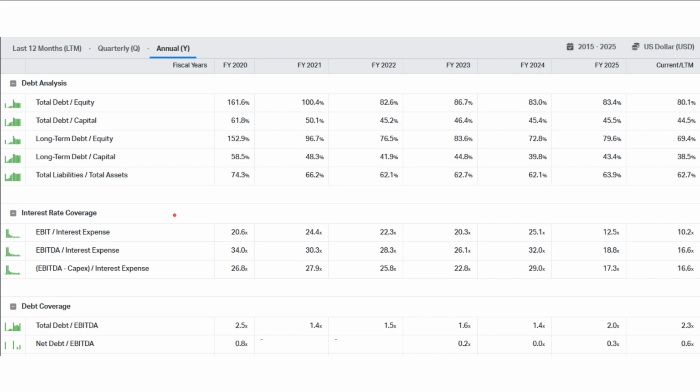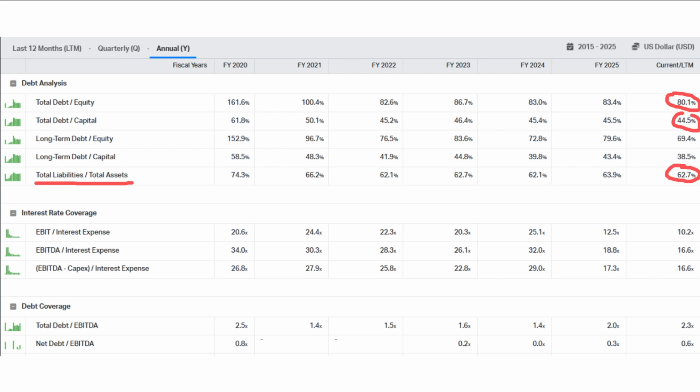And is this company risky? It starts generating less profits. So let's look at the debt structure. The total debt to equity is 80%, total debt to capital is 44%. And the easiest metric to analyze, I think, is the total liabilities to total assets, and it's at 72%.